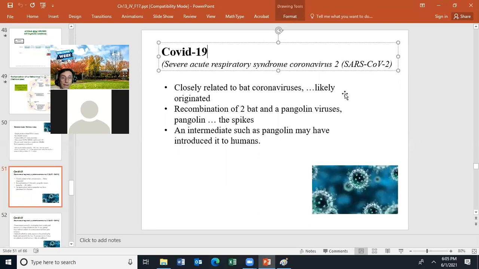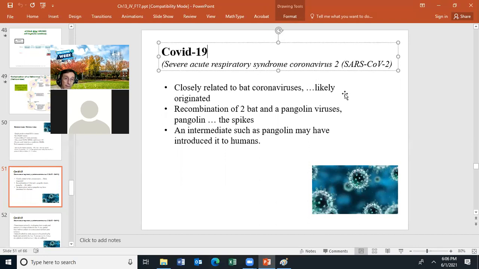COVID-19 is closely related to bat coronaviruses and likely originated from bats. They believe that COVID-19 is actually a recombination of 2 other bat coronaviruses and 1 pangolin virus.